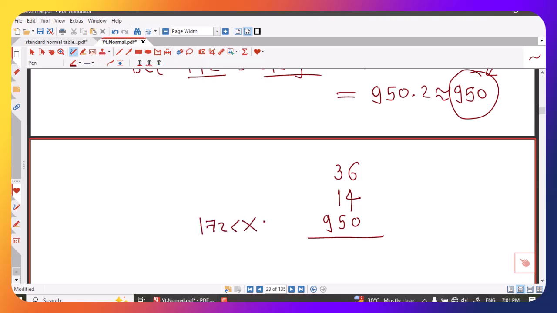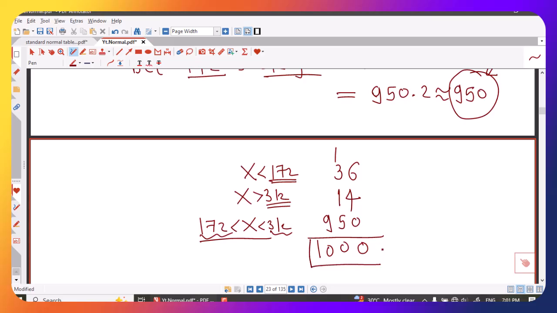And if you add all this, you can see you will get the total number of animals.